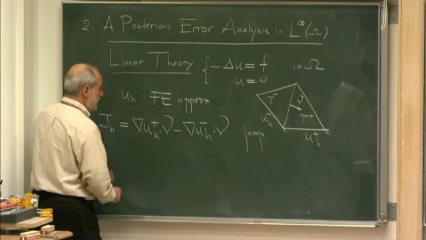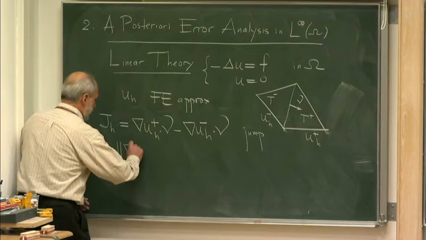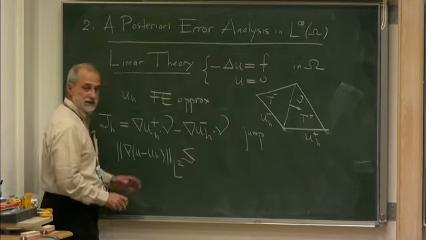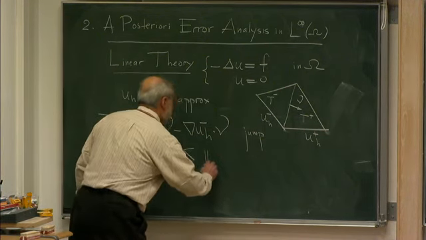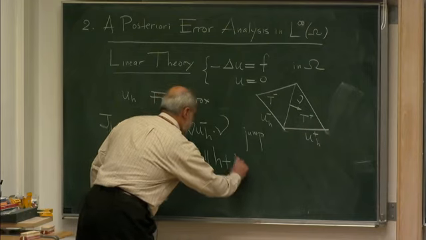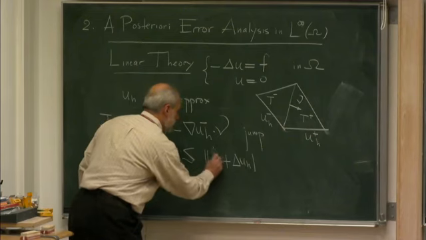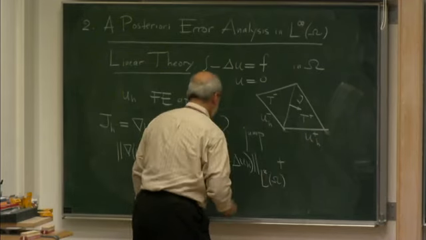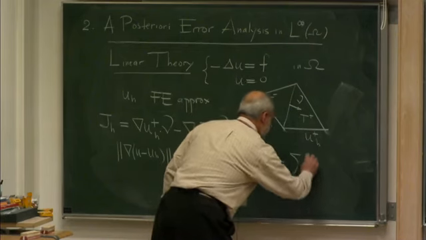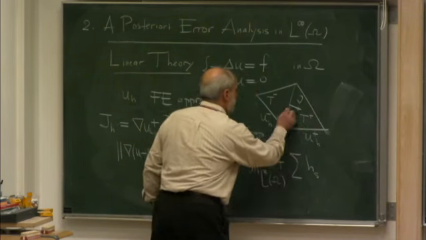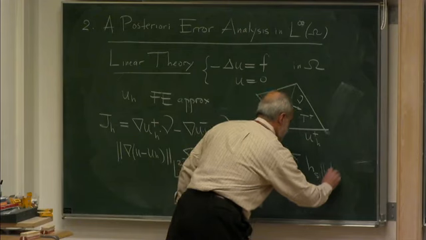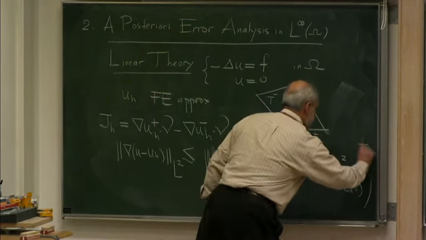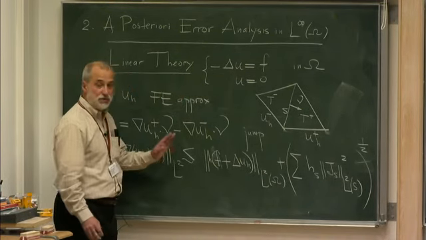So it's possible to prove the following: that the gradient of U minus UH in L2 is bounded by an interpolation constant times the following quantities: H times the Laplacian of UH plus F, times H in L2, plus, let me write this down, let me call this S. So there are two terms.